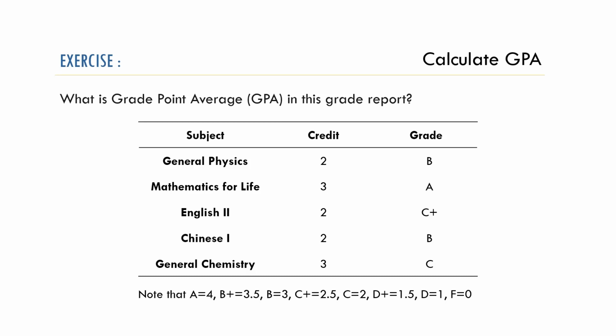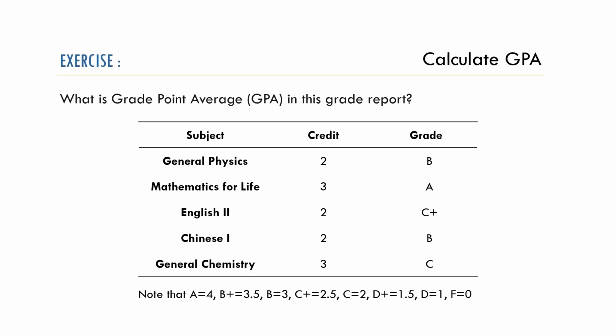So in your GPA, the two most important things that you have to consider are the credits of that class, and the second one is the grades. Each grade will represent a different number.